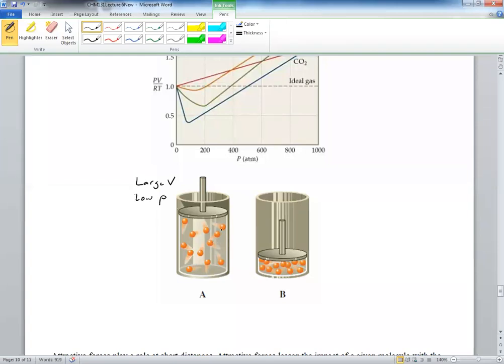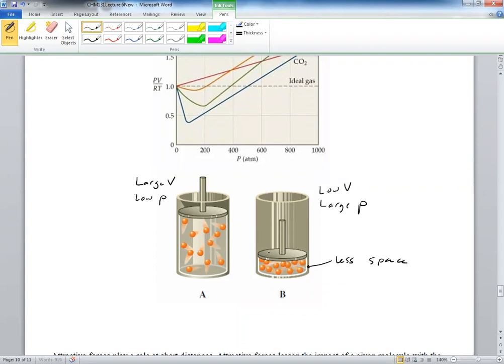That means that it doesn't matter how much volume these molecules occupy. But the moment we decrease the volume by increasing the pressure, you agree with me that if you push down on this, the pressure is going to increase. There's less space here, less space.